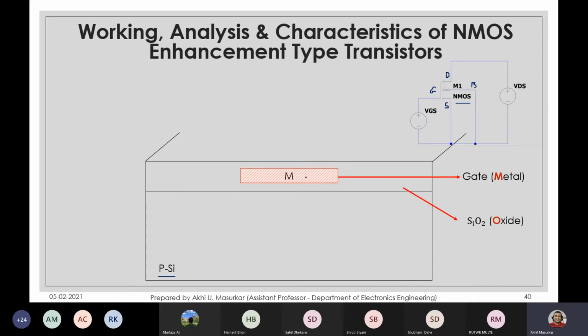This is metal, this portion is oxide, and you can see that your MOS structure builds here. First please draw like this, don't write this MOS, I just told you to explain. Once you are done with this, just write done in the chat box.